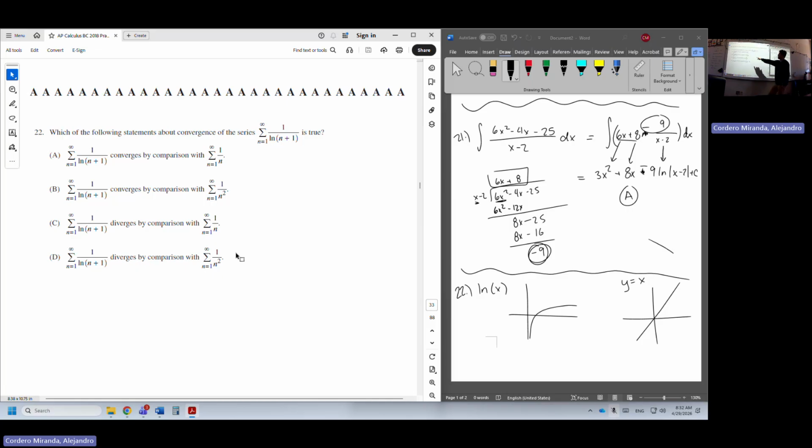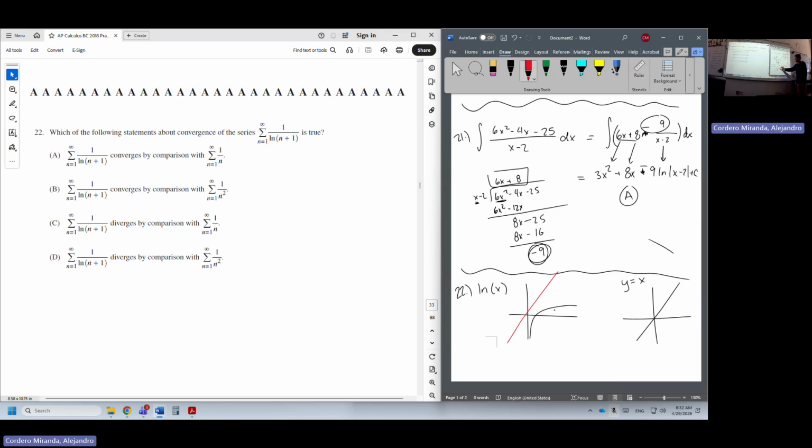This one converges, this one diverges, so it couldn't be opposites. And then I thought about it and I was like, wait, comparison with 1 over n, does that work? And that's why I drew these functions, because it does indeed work. Natural log grows super, super slowly and 1 over n grows at a normal pace.